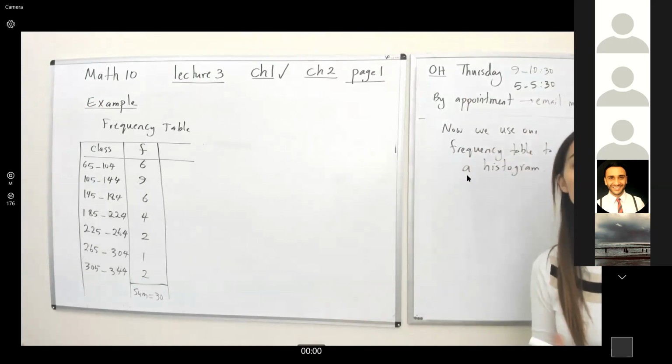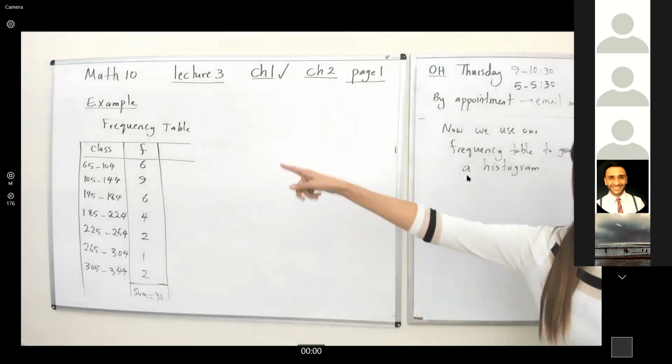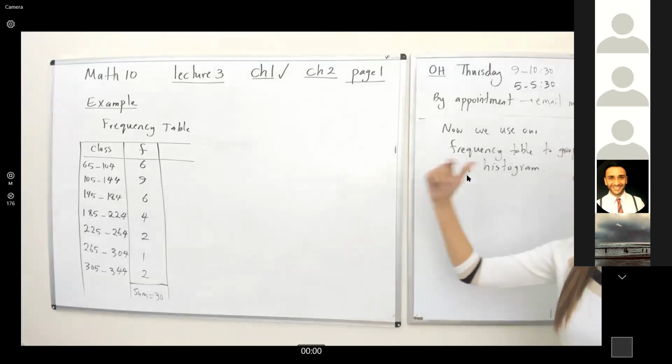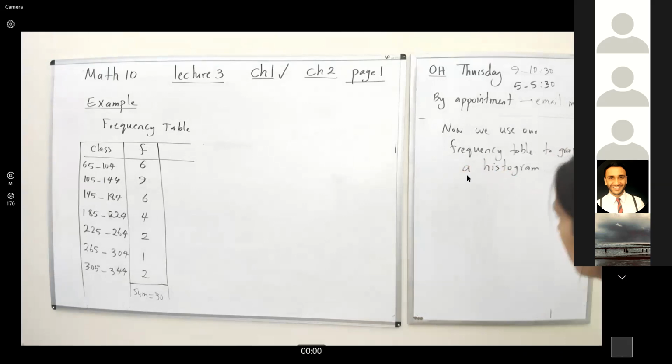So one note for you: when you have numerical data, you're using a histogram, not a bar chart. We're going to talk about those, but note that numerical data goes with a histogram. So how do we create a histogram?